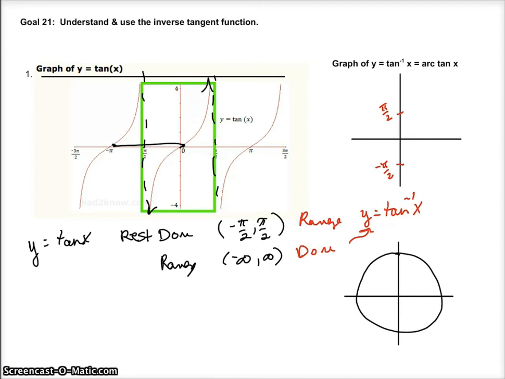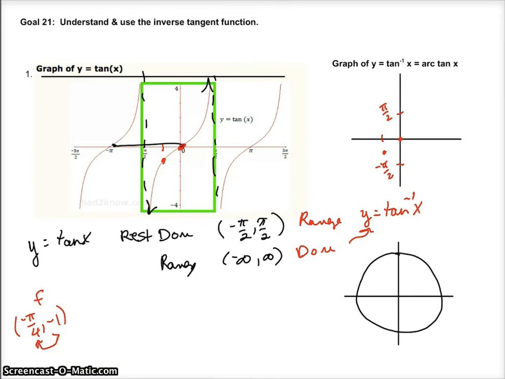Let's take a few ordered pairs. We know that we have an ordered pair of -pi over 4, -1. So if we take the function value -pi over 4, -1, and switch those, then we would go left 1, down pi over 4. 0, 0 remain put.